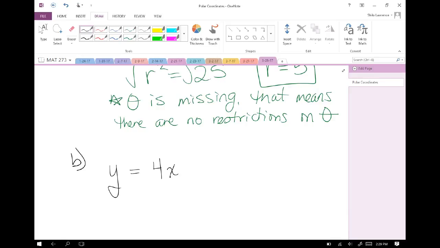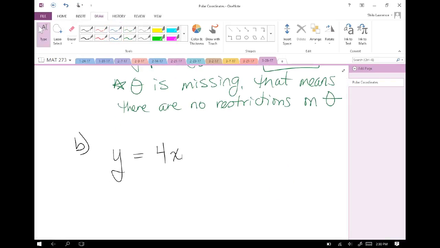We don't see our x squared plus y squared chunk in this one, so we're just going to have to replace variables individually. All right. So what did we say that y is equal to? What's the conversion formula for y? r sine theta. And x is r cosine theta.